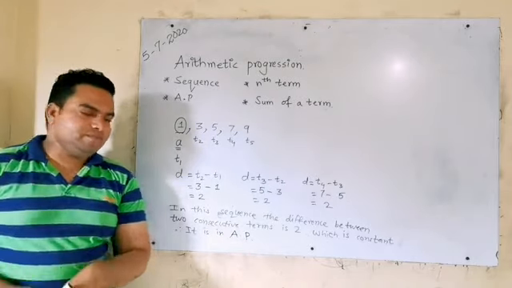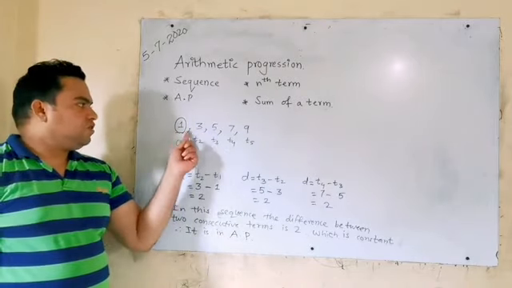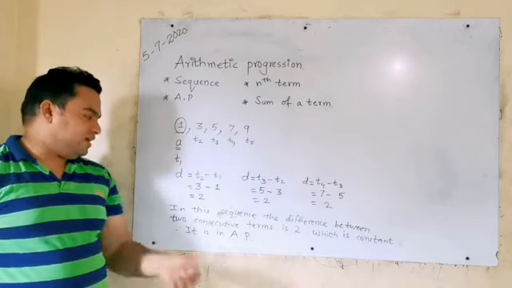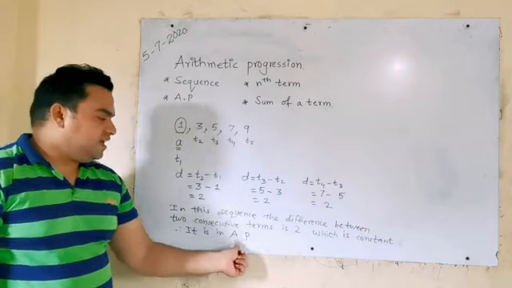Did you understand? So this sequence 1, 3, 5, 7, 9 is in arithmetic progression.